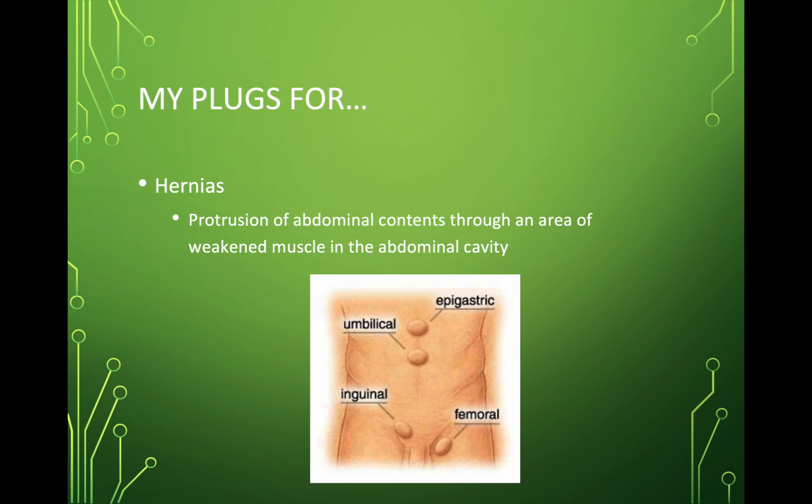So basically, this portion of abdominal contents, usually like intestines, has pushed through an area of weakened muscle, and there's other tissues there, and if it becomes strangulated, the muscles and things kind of clamp down around the intestine, or maybe the intestine kind of gets twisted, and when that happens, we're reducing blood flow to that area of the intestine, and if the intestine has no blood flow, then it's going to die.